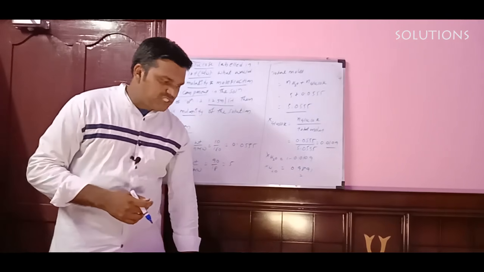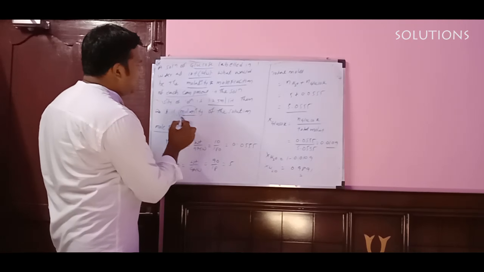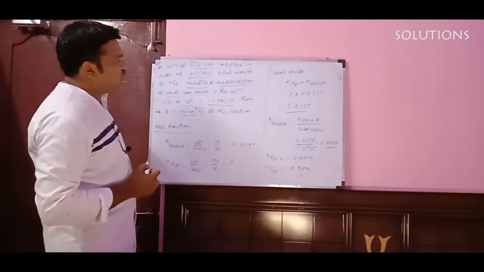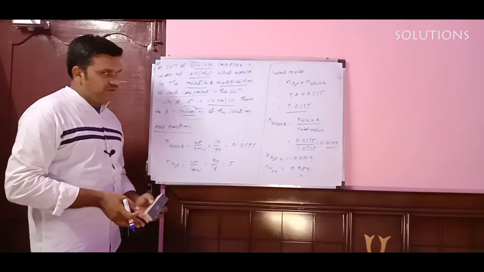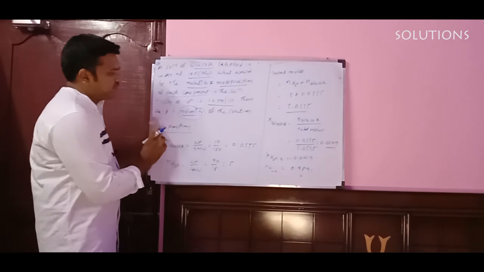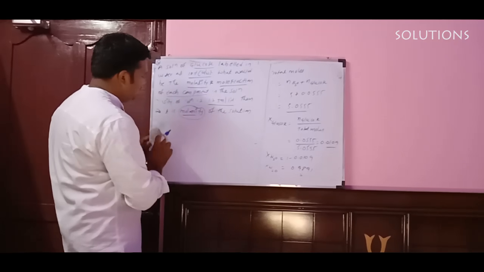Okay. And next, one more part they are asking, which is molarity also. For this molarity, we have to identify the information from the given data only. I am writing here molarity. Clear na?